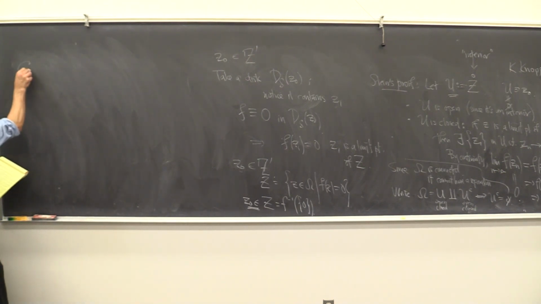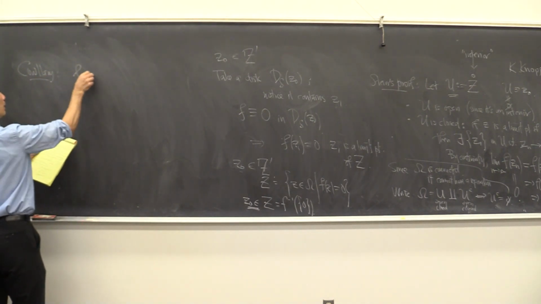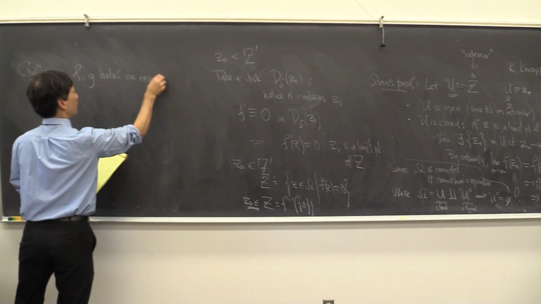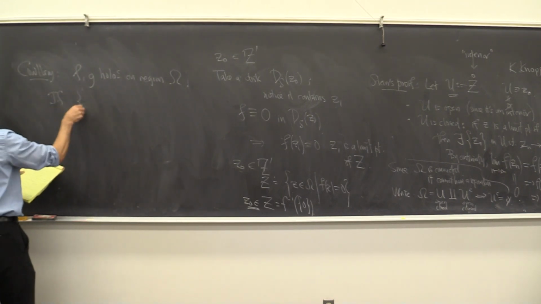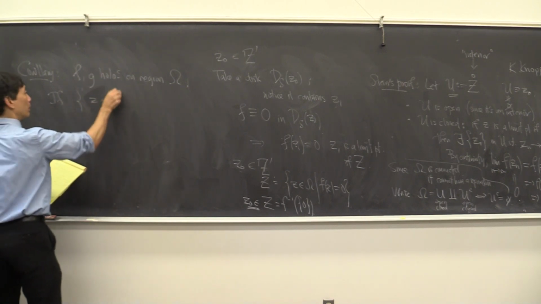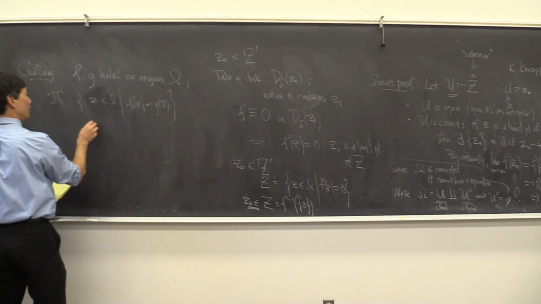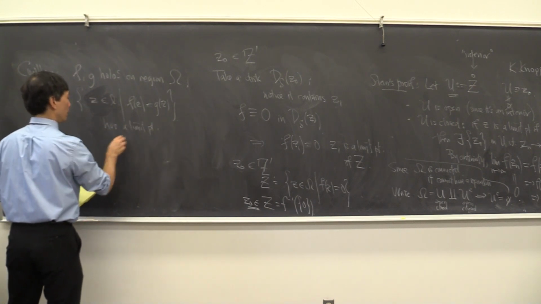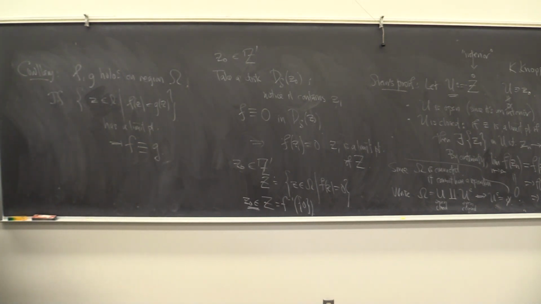Okay. So corollary, kind of obvious corollary, right? If you have two functions, f and g, holomorphic on a region omega, and if the set where f and g are equal has a limit point, then f and g must be equal to each other everywhere.